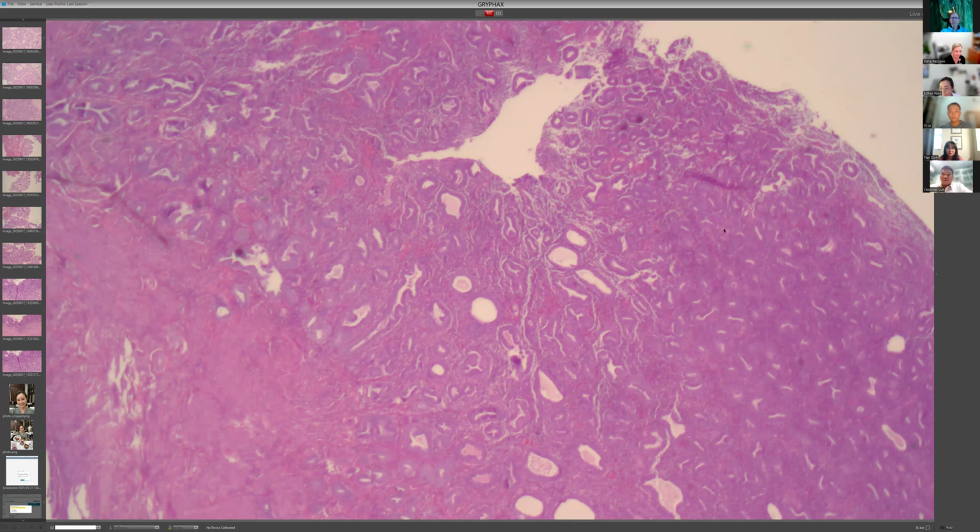Oh, did you have a hand up? Yes. Professor, can I ask one question? How to differentiate between atypical hyperplasia of the endometrium and hyperplasia without atypia? One is hyperplasia, one is no plasia.